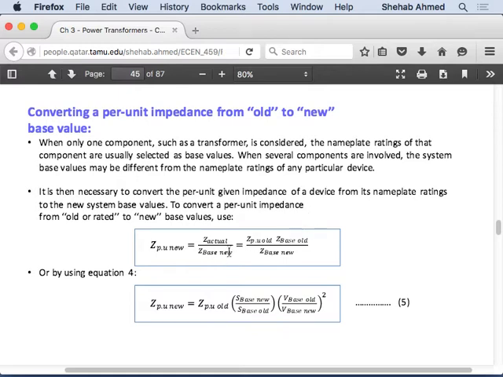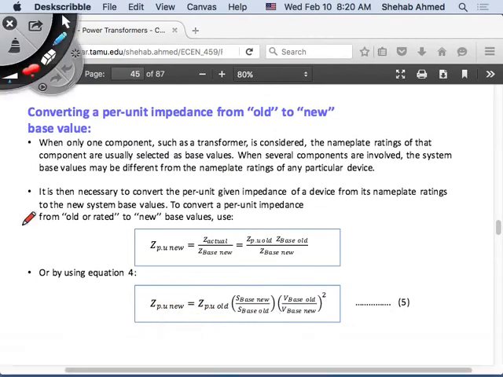Okay, so basically it's like converting the old per unit value to actual and then converting to a new one using a new base value, right? So if you have your old per unit value, remember Z per unit is equal to Z actual over Z base.